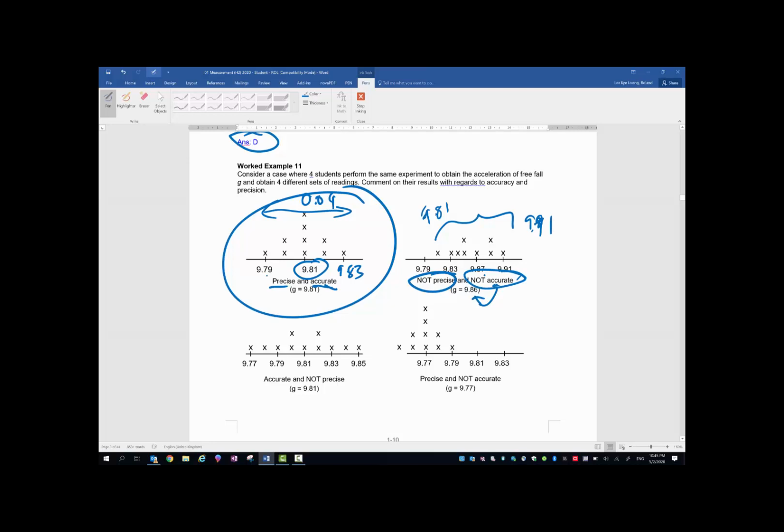Okay, so you can look at that for the next example as well. Large spread, so it is not precise, but the mean is 9.81, so it is accurate. So this one, the mean is 9.77, so it is not accurate. Okay, so it's not accurate, but it's precise because the spread is small.